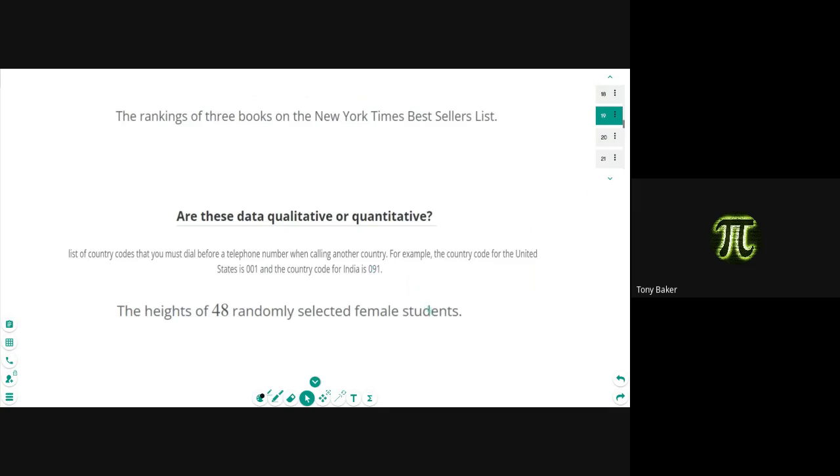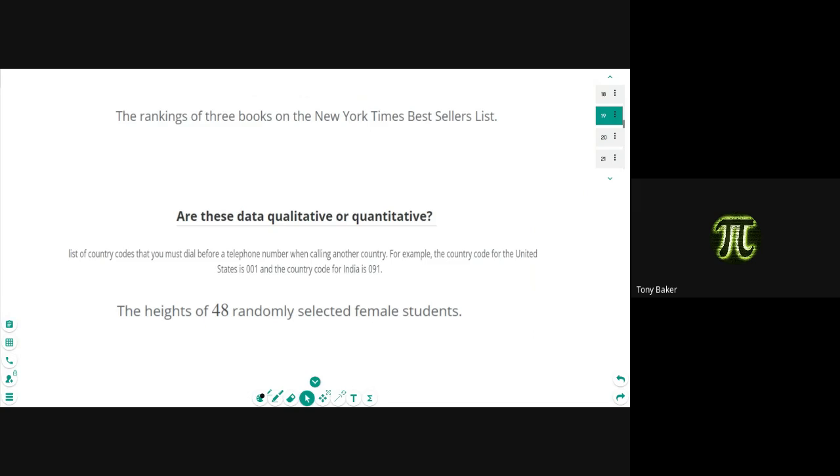The rankings of 3 books on the New York Times bestseller list. Qualitative or quantitative? Qualitative. Why? So it's decent, yeah, we could use stars and things like that. So it could be a numerical value.